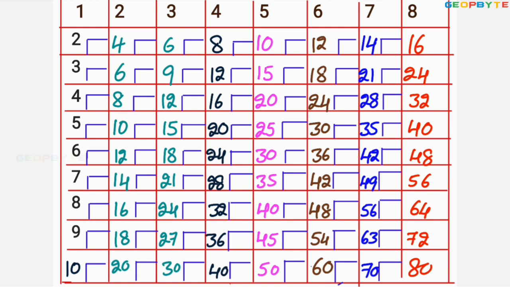Before going to table 9, let us have a look at the second table, table 3, table 4, table 5, table 6, table 7, table 8. I hope all of you clearly understood. Now it is time for discussing table 9.